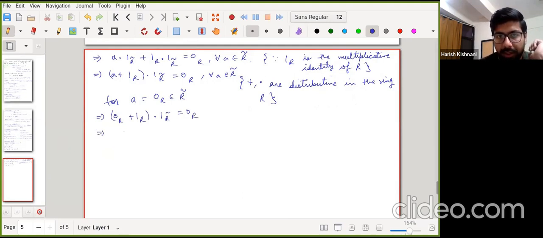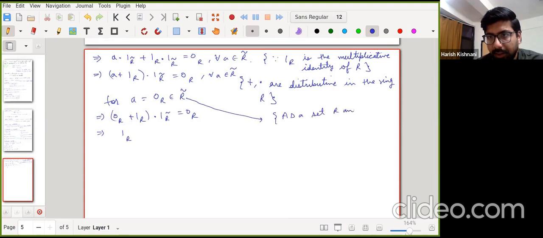So 0 added with any element of the original ring is going to give you back that element, because here the addition is with respect to the original ring operation. So for this we have the explanation that, as I said, R and R tilde are the same.